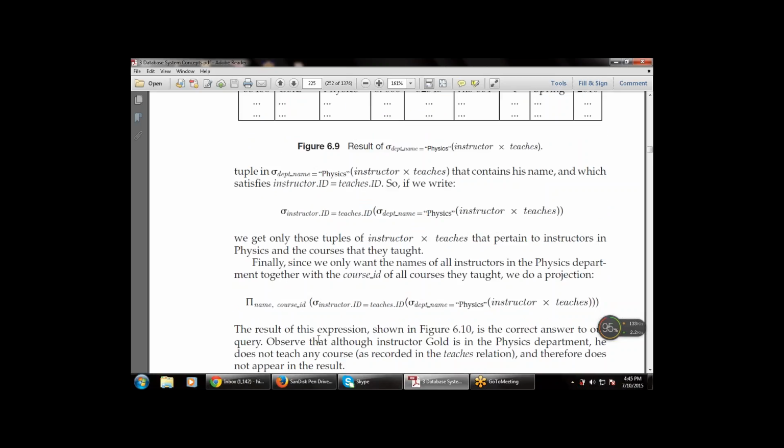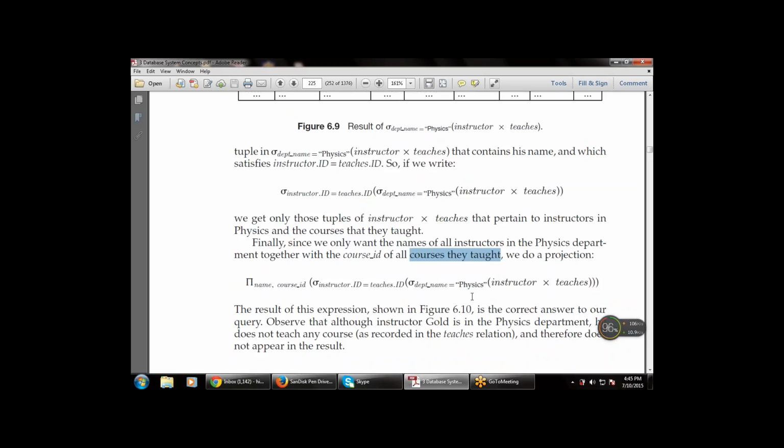Finally, since we only want the names of all the instructors in the physics department together with the course IDs of the courses that they taught, we do a projection.